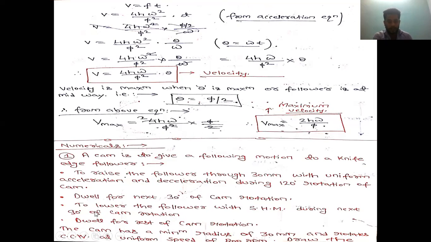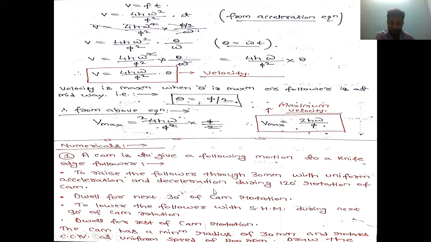Third one is to lower the follower with simple harmonic motion during the next 90 degree of cam rotation. What is this 90 degree? It is phi D, the angle of descent. But remember one thing, in this question the follower is raising through uniform acceleration and deceleration, and lowering through simple harmonic motion.